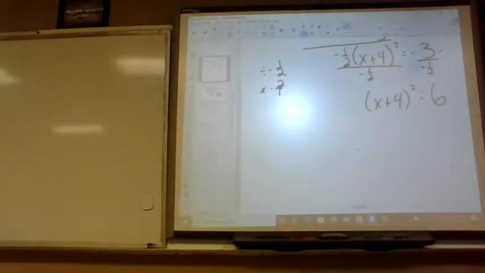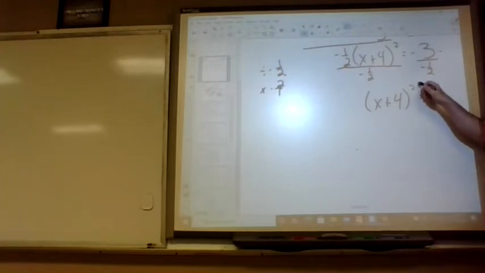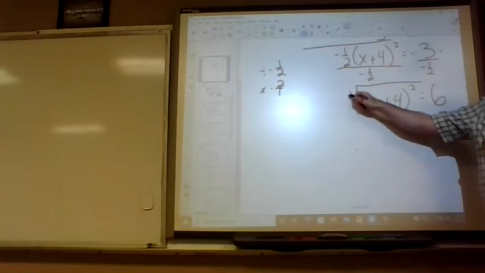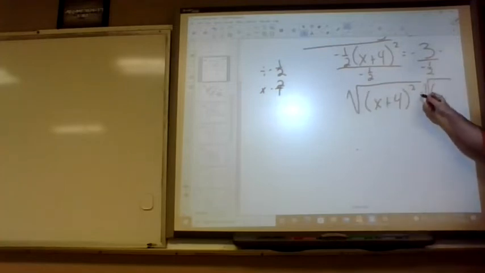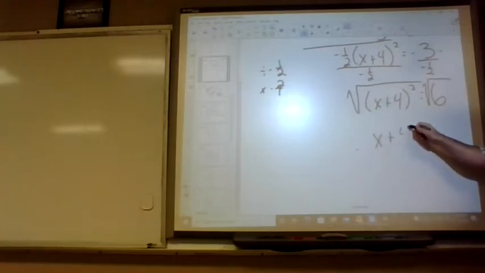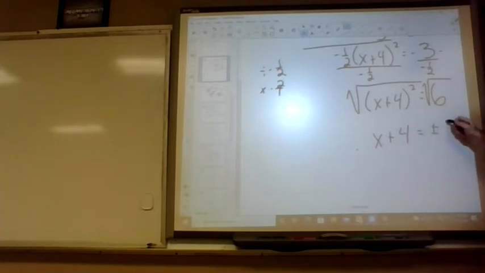Now that I have the square thing isolated, I can use the square root trick. Remember when you use the square root trick though, that thing that you squared over here is positive or negative. So why do we divide it with half?